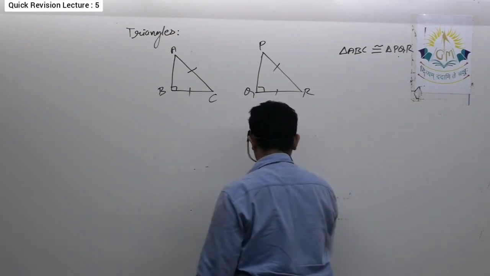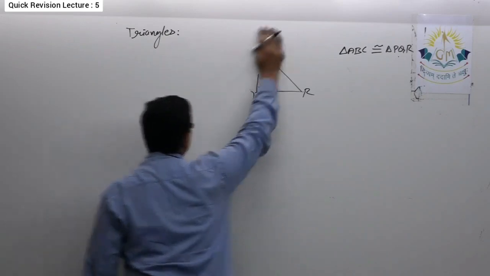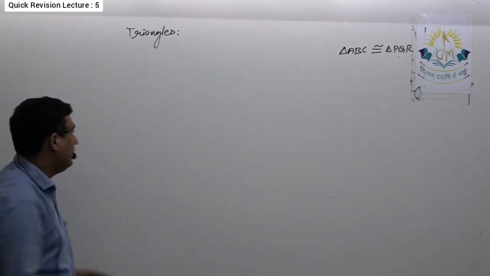In short, now we'll see inequality in the triangle. There are three theorems related to inequality of the triangle.